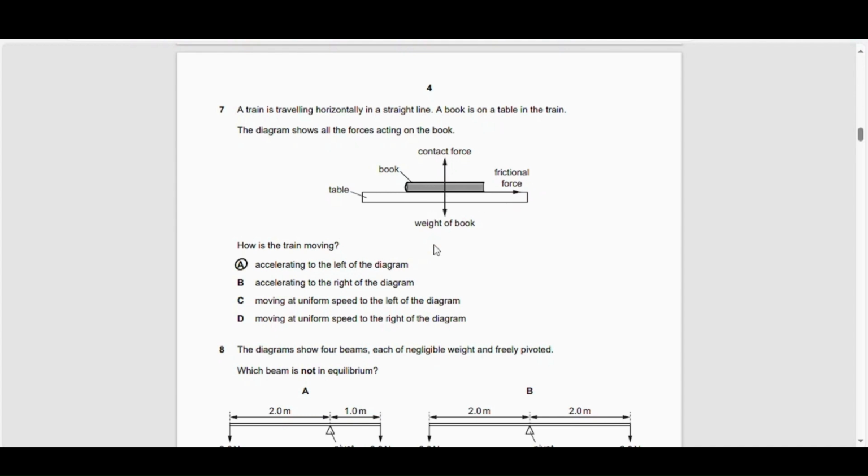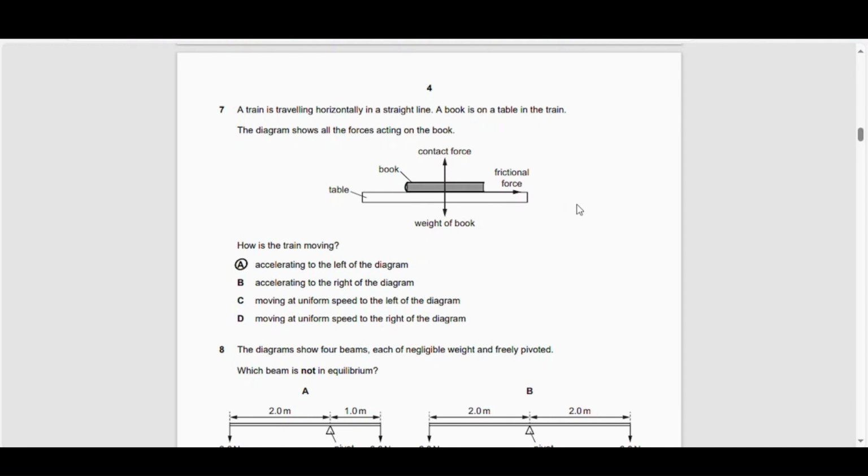So you got your weight of the book pushing down, contact force pushing it up, equal and opposite. And then you've got frictional force acting towards the right. So obviously the direction of motion will be in the direction opposite to the frictional force. So the direction of motion has to be towards the left, which eliminates options B and D because they suggest that the motion would be towards the right.